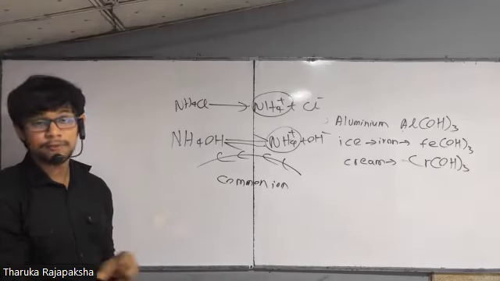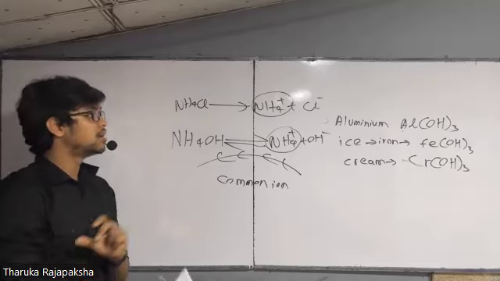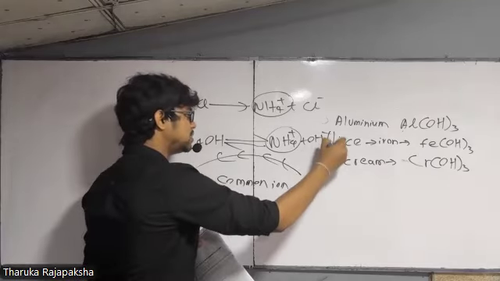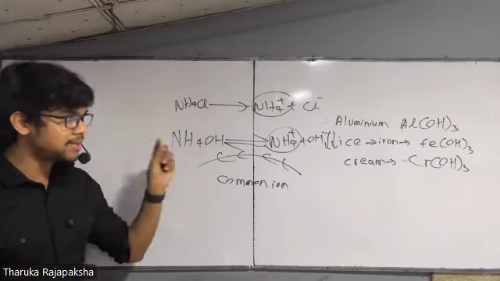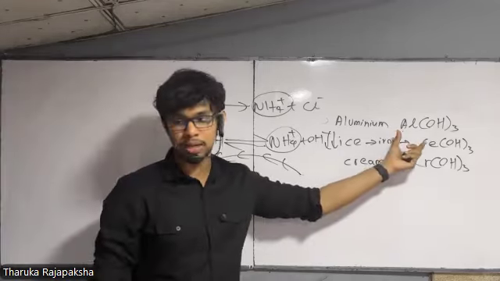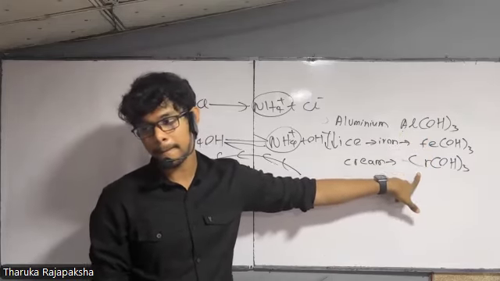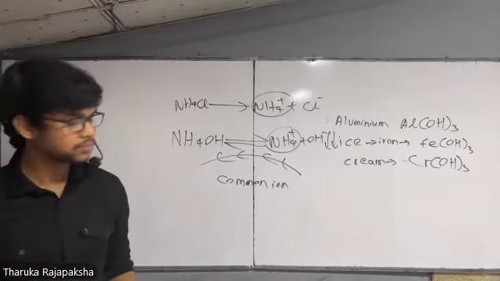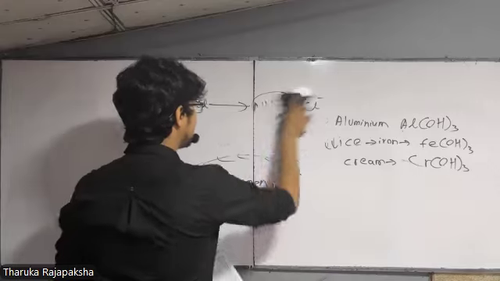Once this reaction favors backward, people, what will happen? The OH minus will further decrease. A very small amount of OH minus will be there, and that is just enough to precipitate aluminium hydroxide, iron 3 hydroxide, and then chromium hydroxide. Understood, right? Okay, that's the reason why I'm putting ammonium hydroxide and ammonium chloride both.